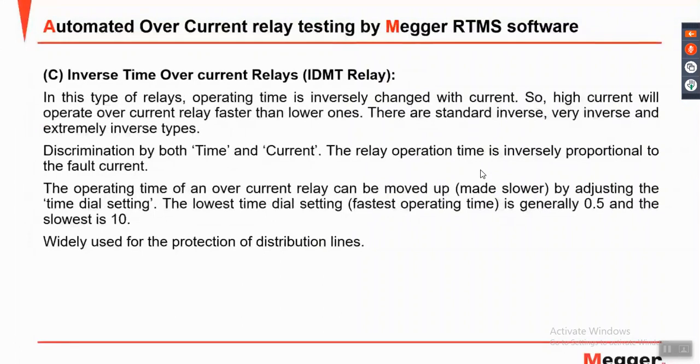And then we have the IDMT relays, or time overcurrent relays, which are inverse, very inverse, and extremely inverse. And this is, as I said before, the higher current will operate in a very low time. So it's a really big area, and the idea is that we have to choose the right relay for the right purpose.